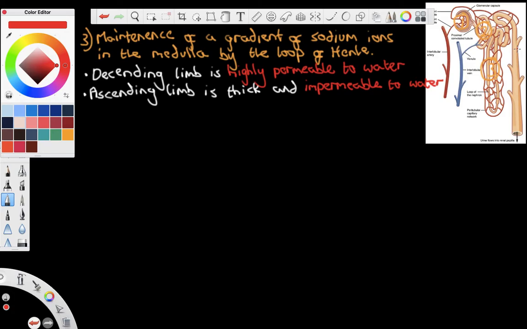So as we move down the loop of Henle, water leaves the descending limb and more sodium ions enter it.